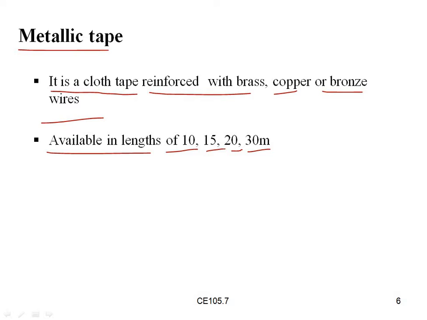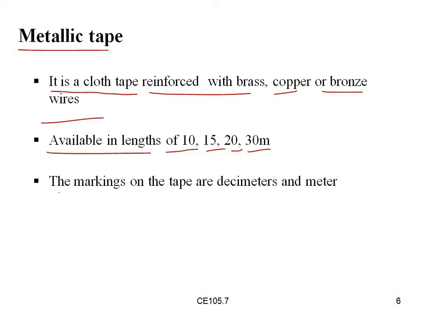It is also called a cloth tape because the outer portion has brass edges, and copper or bronze wires are also there. The markings on the tape are in decimeters and meters, written as 0, 1, 2, 3.